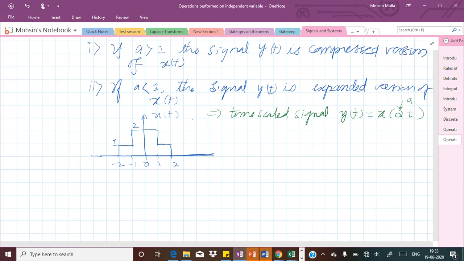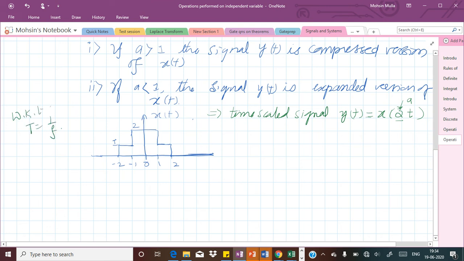Another way to understand why it is going to compress when the a value is greater than 1: whatever term is there is a frequency term, and we are trying to use that frequency term in terms of time. We know that time is nothing but 1 upon frequency.